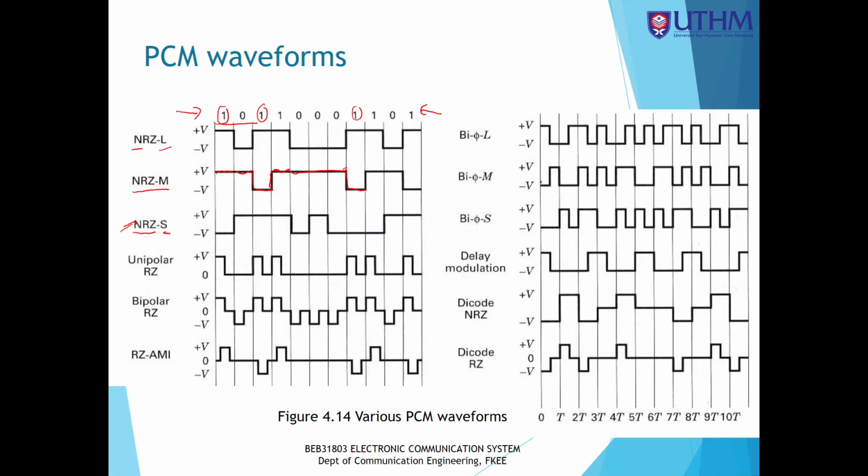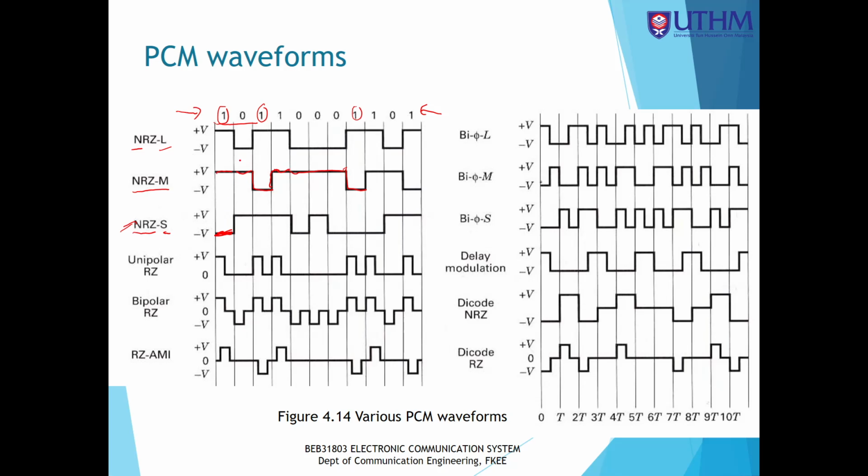Okay. So for example, the first input here is you see that logic 1, and then ini untuk NRZS dia terbalik daripada NRZM, yang mana perubahan transition berlaku pada setiap kali input bit kosong. Okay. Manakala input bit 1 tidak berlaku perubahan pada output.